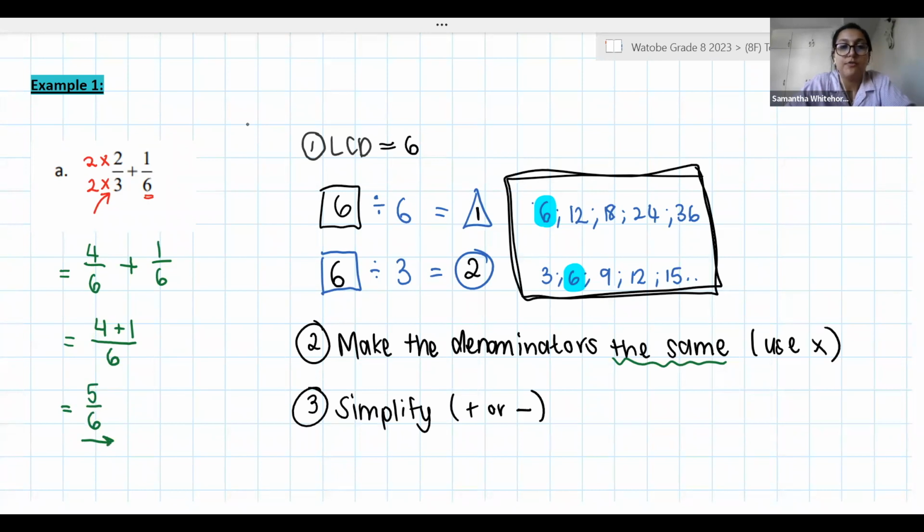All right, so very, very important is that you find an LCD. And remember, guys, LCD is the smallest number that both or all of your denominators can divide into. And once we have our LCD, we can make the denominators all the same, and we can then go and add or subtract.